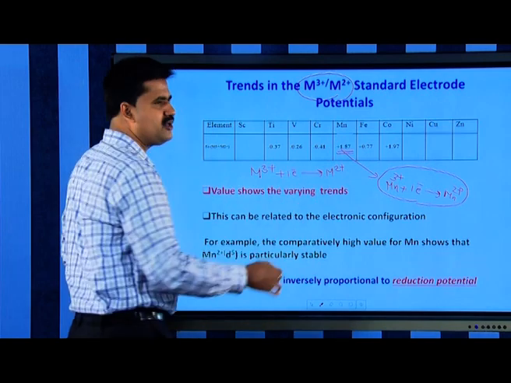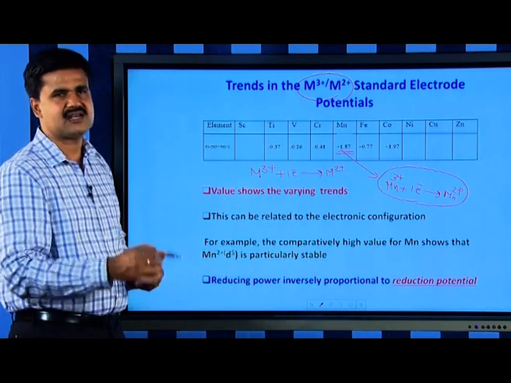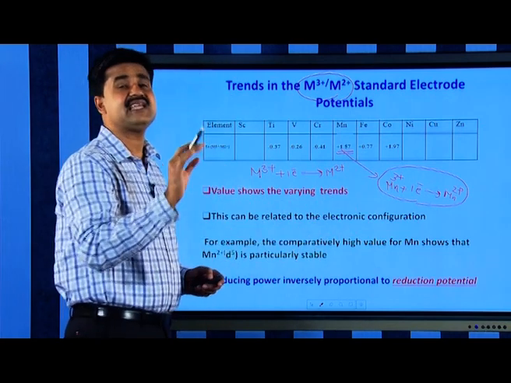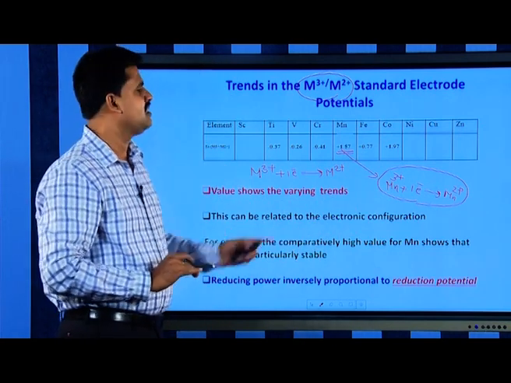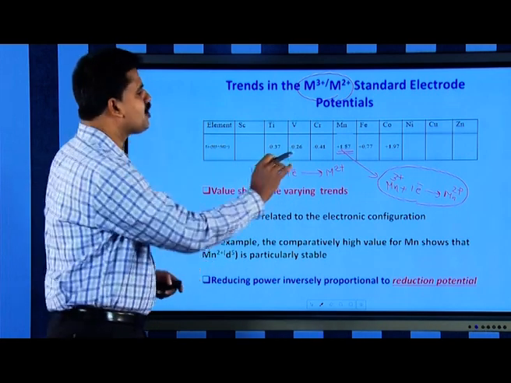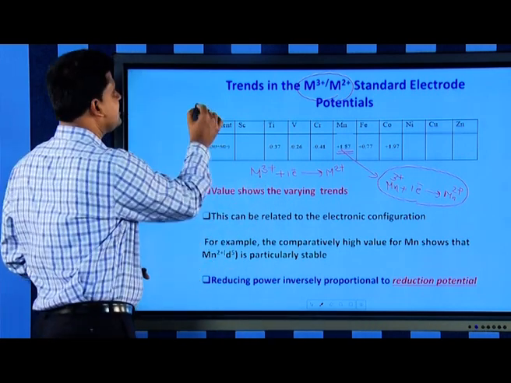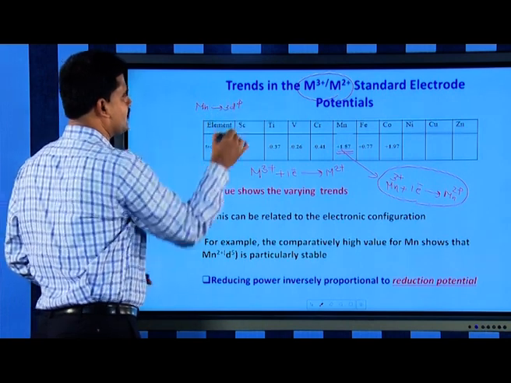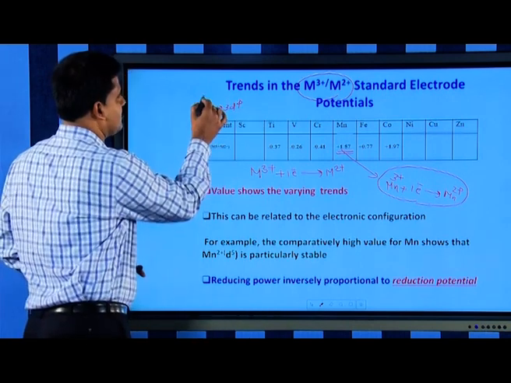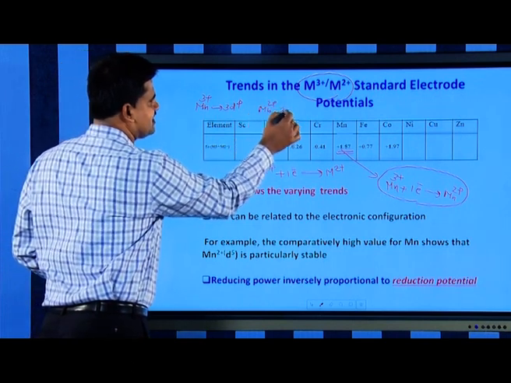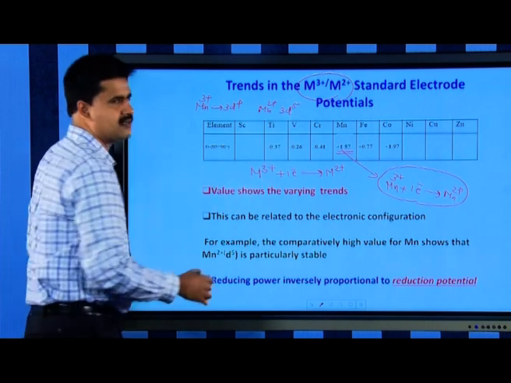This high value of reduction potential represents that this reduction is a highly favorable process, and this is attributed to stable electronic arrangement. For manganese 3+, the electronic configuration is 3d4, but for manganese 2+, the electronic arrangement is 3d5.